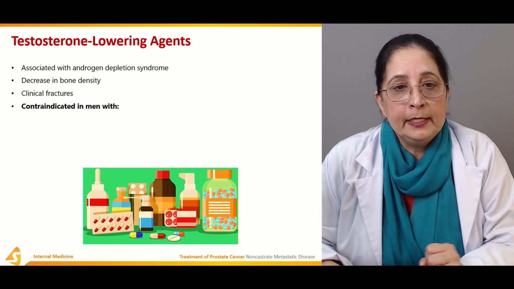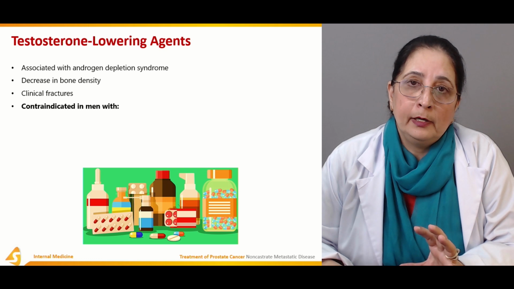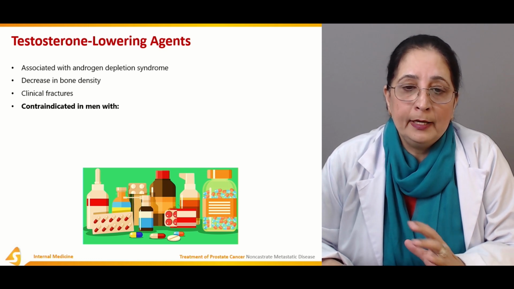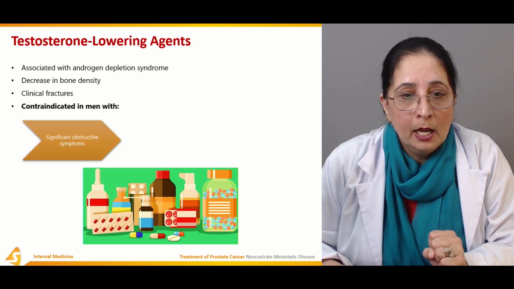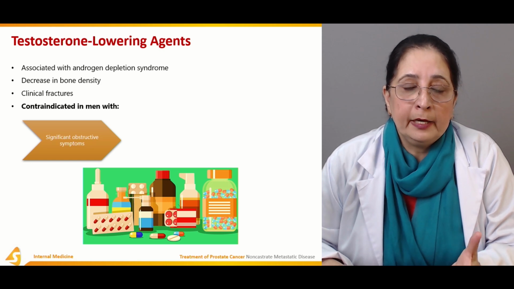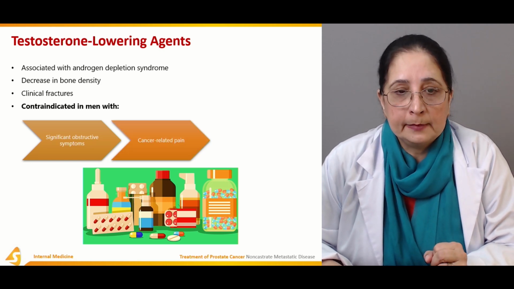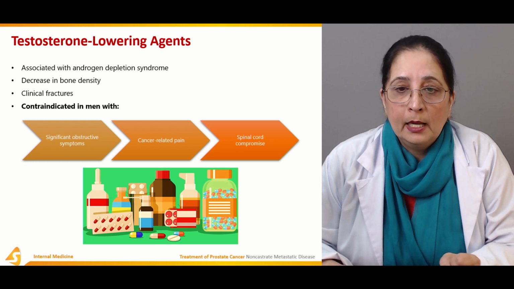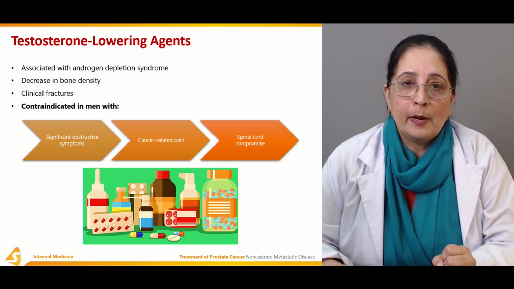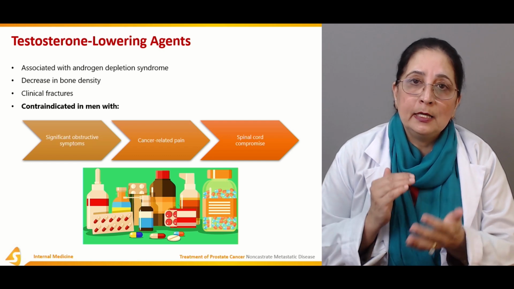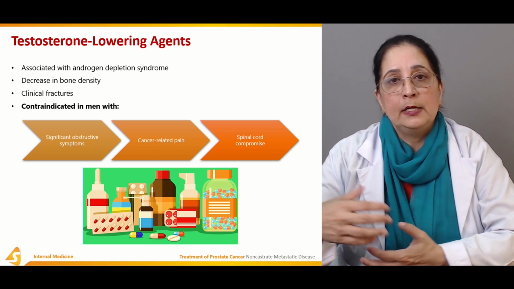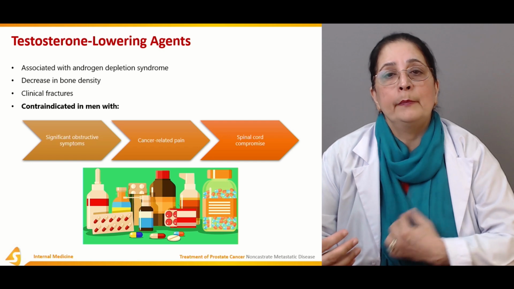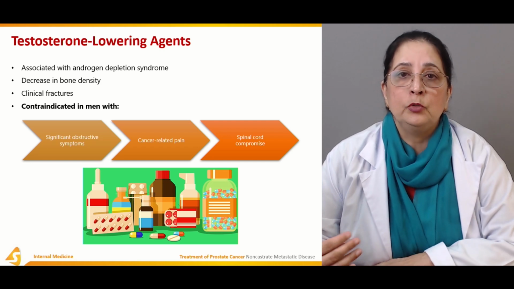Testosterone lowering agents are contraindicated in men with significant obstructive symptoms, cancer-related pain, and spinal cord compromise. Cancer-related pain is also because of the spread of the cancer, or metastasis, to the bone.